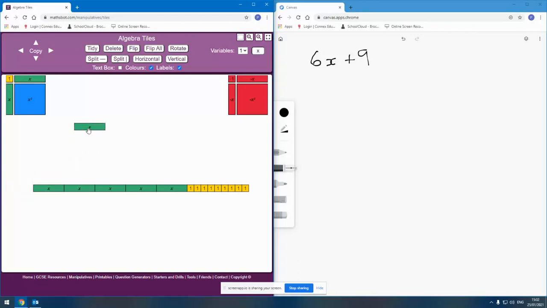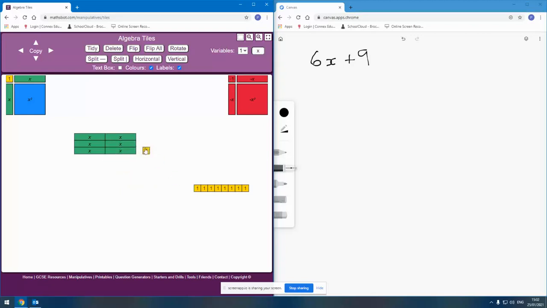What we'll talk about with learners is making sure the rectangle has a width greater than 1, and eventually having the width as large as possible. So rather than that long thin rectangle, I can build this rectangle, which uses all 6 x's and all 9 ones.